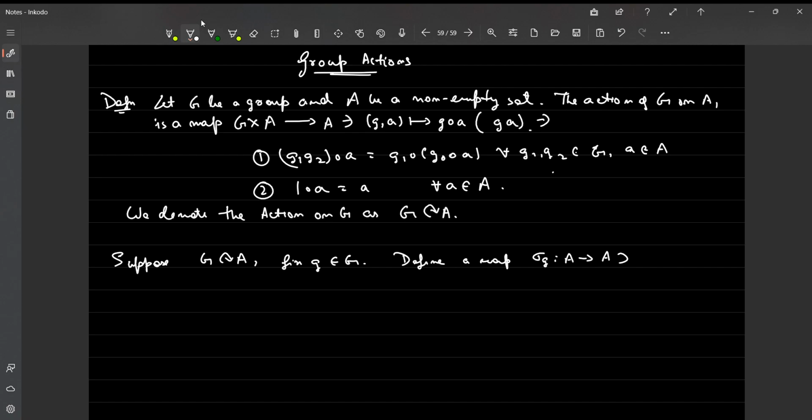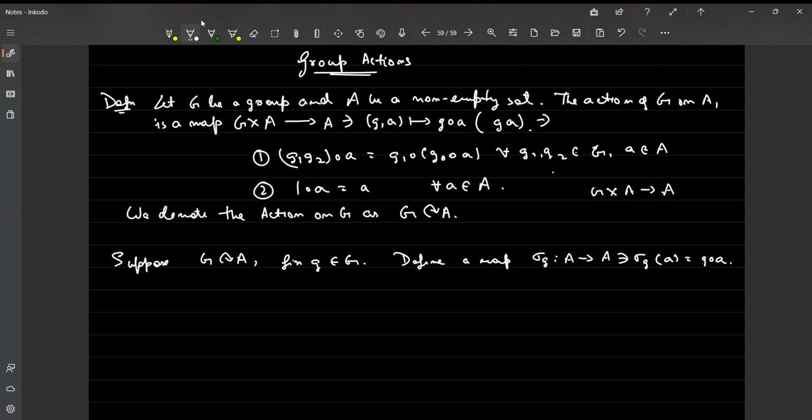Sigma g is a map from A to A that maps an element a to g on a. Clear? I guess this map is pretty evident to understand, right? We had a map from G cross A to A, and we are just formally changing it to a map from A to A by fixing some element small g in capital G. Now notice that sigma g is a bijective mapping on A.